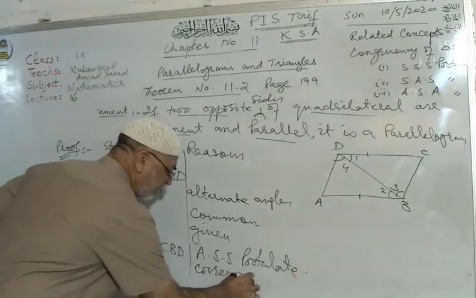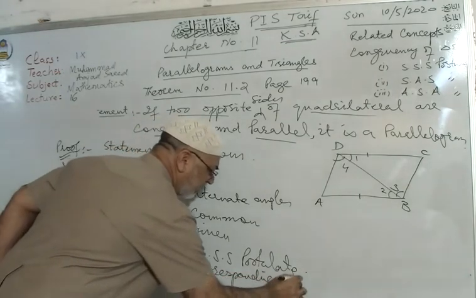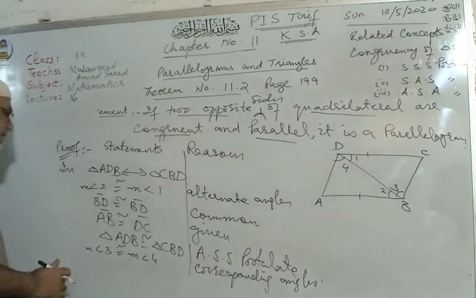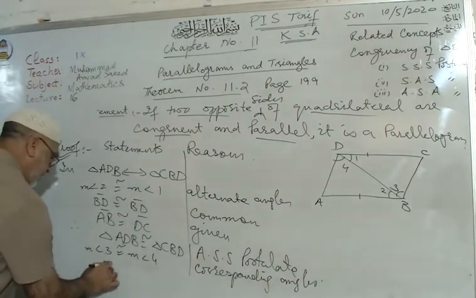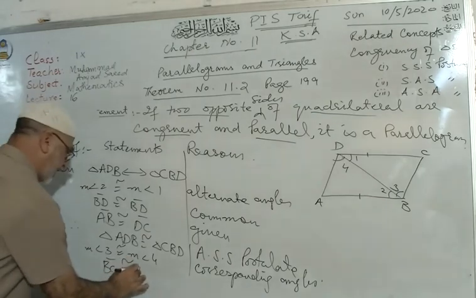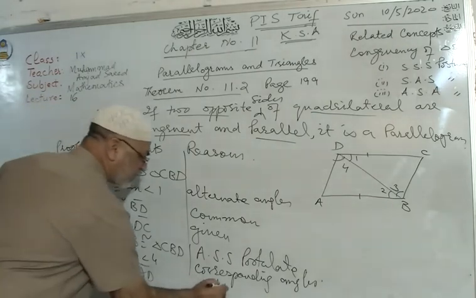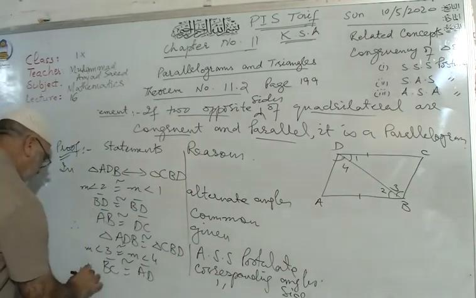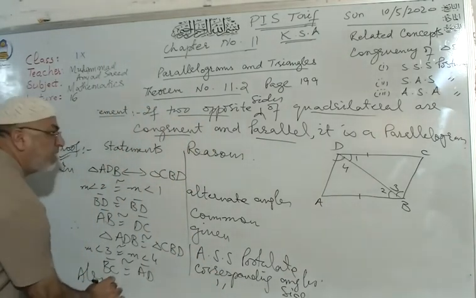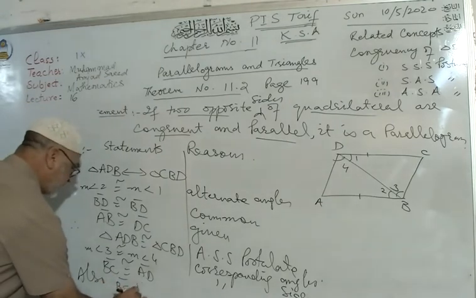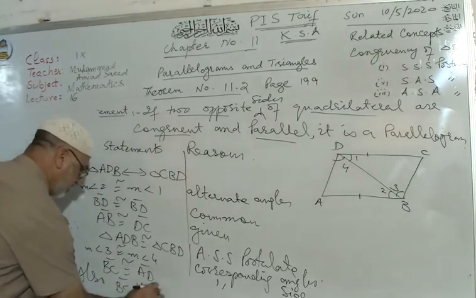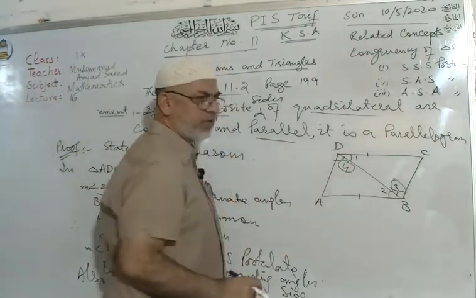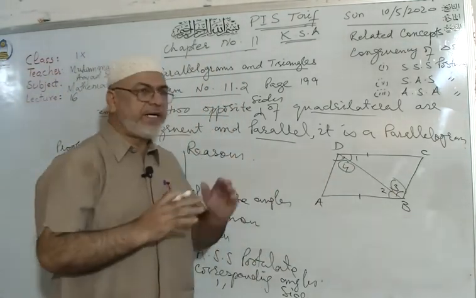Corresponding angles of congruent triangles. Similarly, BC is congruent to AD, corresponding sides of congruent triangles. Also, BC is parallel to AD because angle 3 is congruent to angle 4.